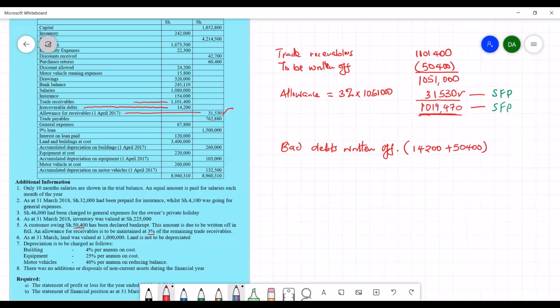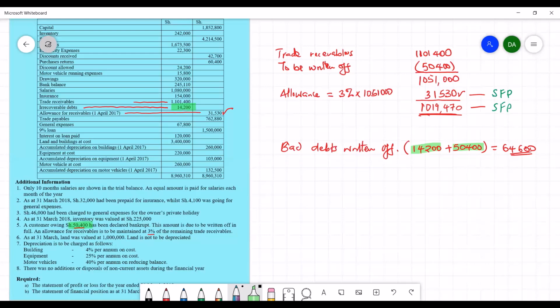And that should give us a total of 64,600. The two figures here, we are getting them from this bad debt which was recoverable and the bad debts for the firm which has been declared bankrupt.